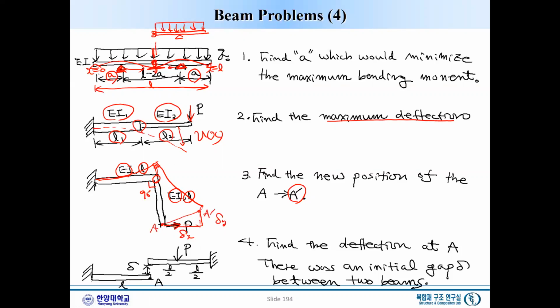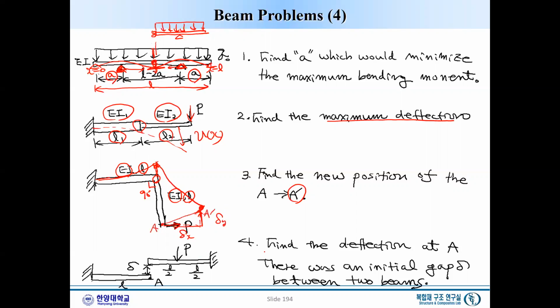So this is the A point. So there will also be a vertical deflection because of this deflection. So this is the third problem. See, we can think of all different types of beam problems. Now we should be able to solve any kind of beam problem.